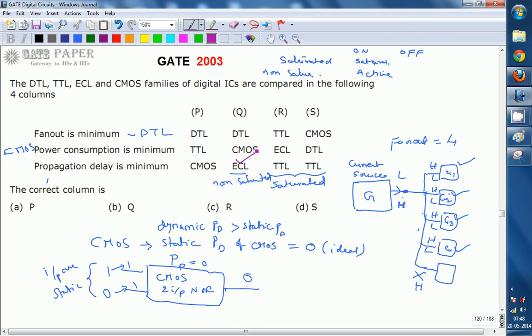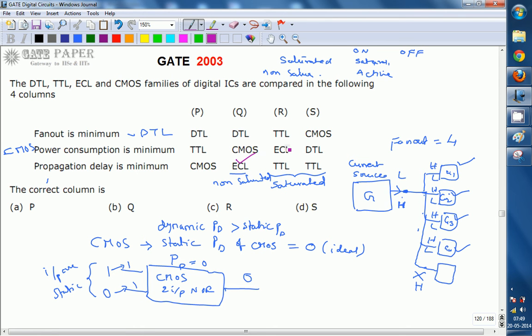MOS gates have less transconductance compared to BJTs. Less transconductance is less driving capability, and less driving capability is more propagation delay. So CMOS has more propagation delay than TTL, and out of TTL and ECL, ECL has less propagation delay because it is a non-saturated logic family.